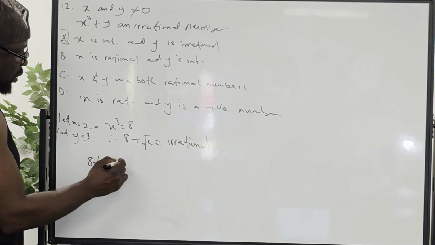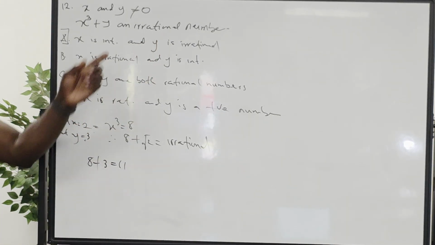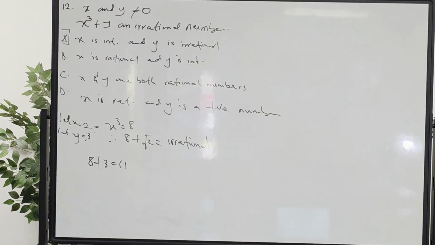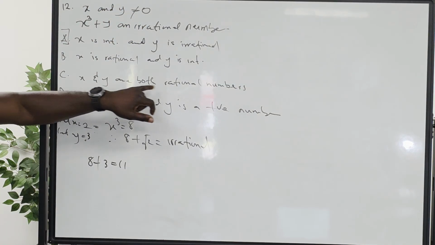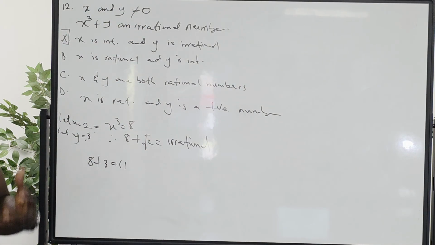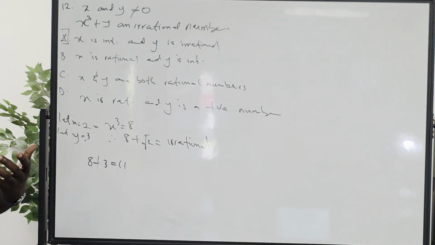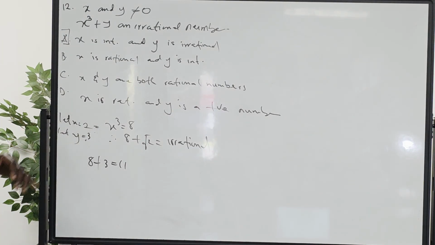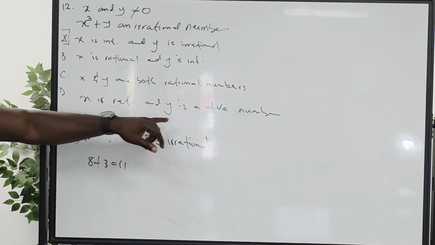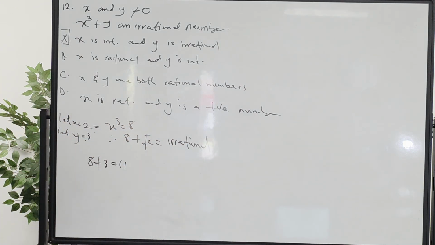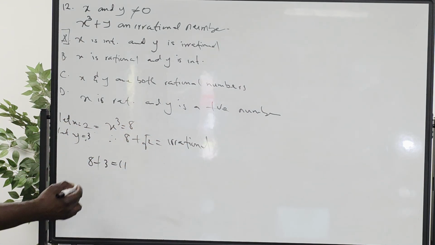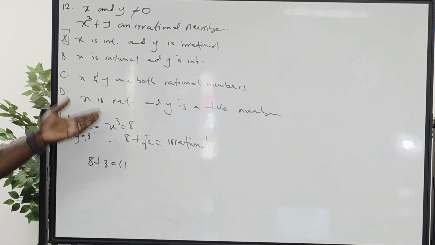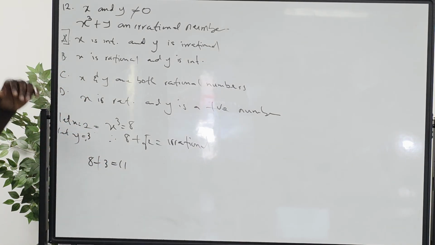So 8 plus 3 is 11, and it's not going to meet this condition. If x and y are both rational numbers, then definitely the answer cannot be irrational. If x is rational and y is a positive number, y could be 1, so 8 plus 1 is 9. B, C, and D cannot be the answer. The only answer here is A.